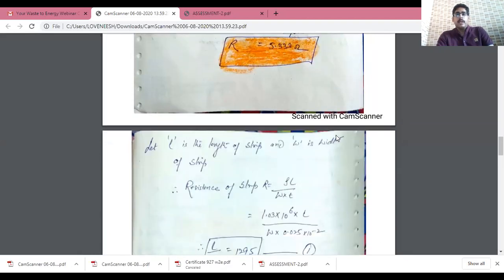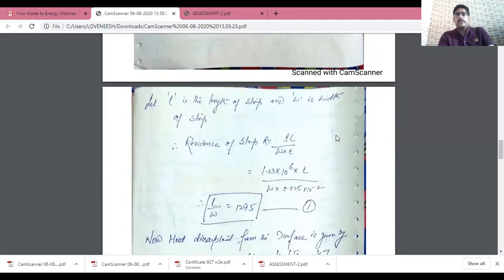Now let L be the length of this strip and W the width of the strip. Therefore, we know that resistance is equal to rho L upon W into T, where rho is the resistivity of the nickel chromium wire, that is 1.03 into 10 raised to power 6, multiplied by L upon W, that is width, and T is the thickness of the strip, that will be equal to 25 centimeter.